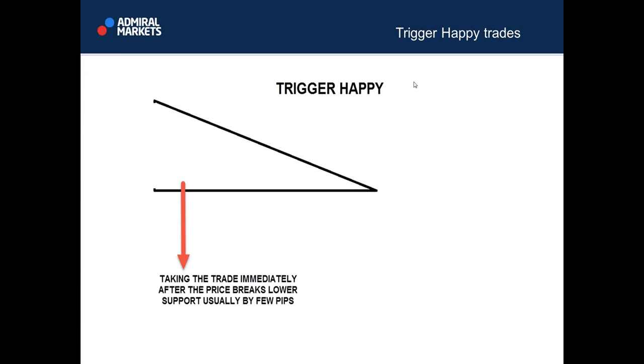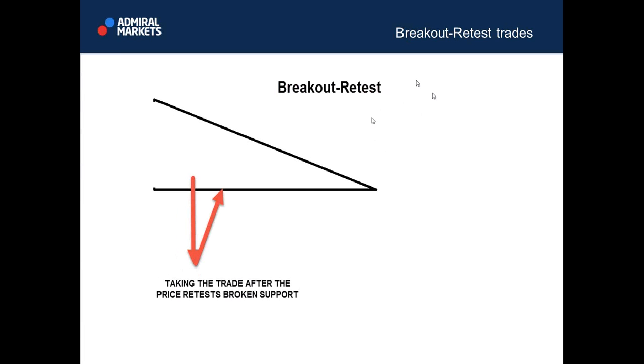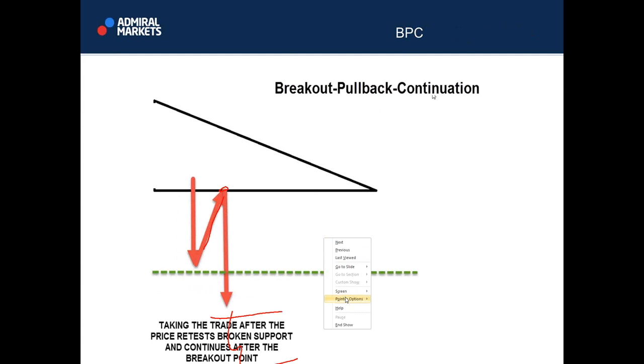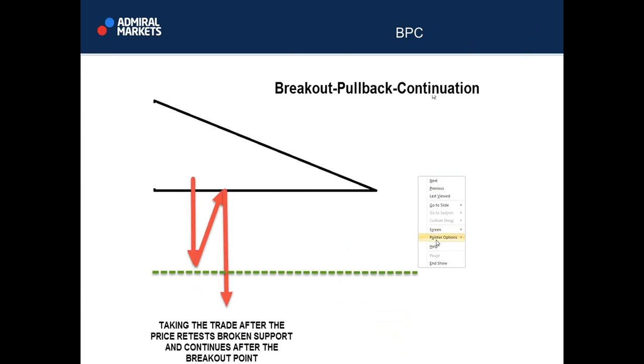works, breakout pullback continuation works, but this is a must for breakout pullback continuation. You need to have enough room till the next support. Because I don't like it if, let's say this is the 1 hour time frame, and let's say from this point to this point is 25 pips.